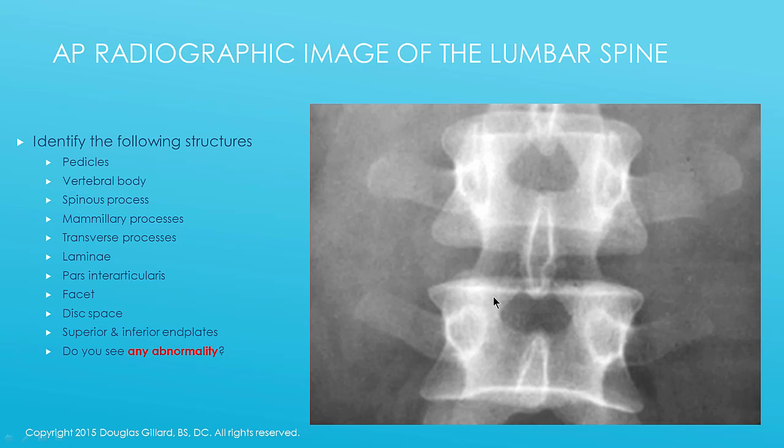The vertebral body, I can outline the body here, and we'll see this a little bit more. This is all the body, but between the lamina, there's less bone, so there will be less density here. Anyway, so here's the transverse process. You can see the spinous process outline right here.